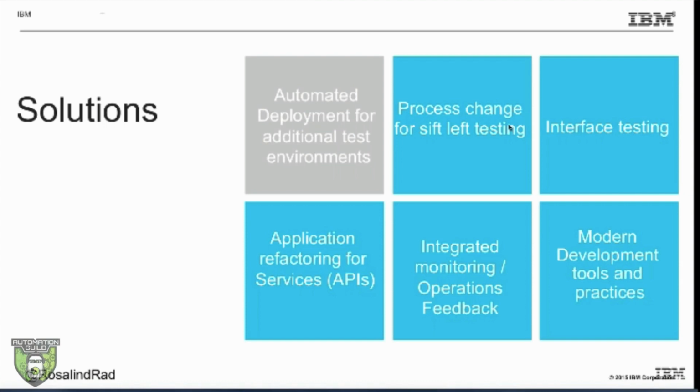And one key area of testing and DevOps is ensuring that you have the right management, monitoring tools, and operations feedback along the whole cycle. Using the same monitoring tools that you're going to use in production so you can get the application performance understanding as early in the cycle as possible.